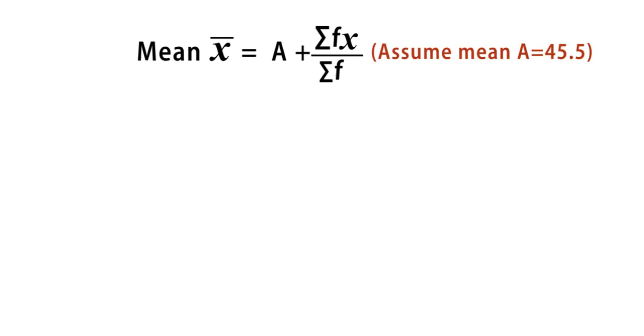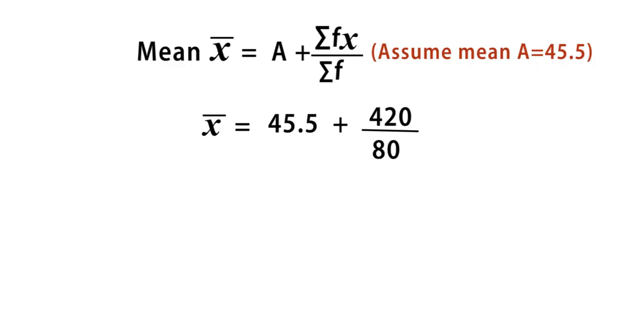Anama, you're finished? Okay. So can you tell us what you got? For the mean, the A was 45.5. Good. And for the sigma FD, when we added, we had 420. And sigma F, when we added, we had 80. So the assumed mean plus the sigma FD over sigma F: 45.5 plus 420 over 80.